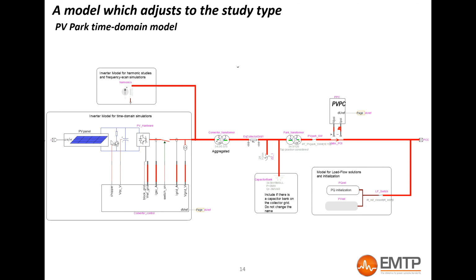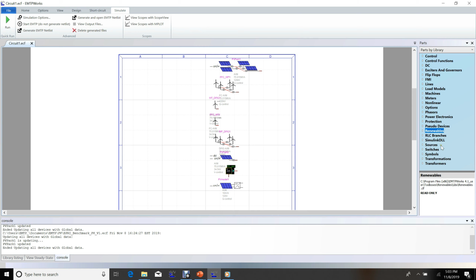So let's see all that in EMTP. So here you have the content of the renewable energy library. So when you have this library, it's over there. So you see you have the DFIG Windpark, the DFIG wind turbine, which is very similar to the Windpark, but you don't have a PPC model and the Windpark transformer. Same thing for full converter.